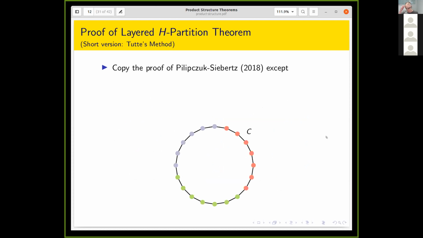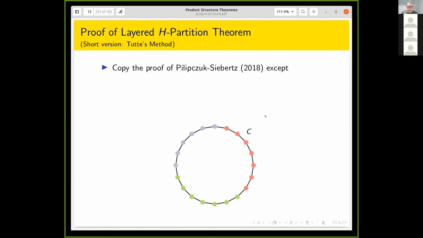Well, it uses a nice proof technique, which is just to copy someone else's proof and change the words that you want to be what you want them to be.